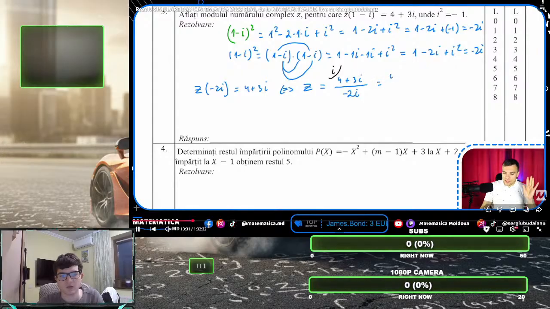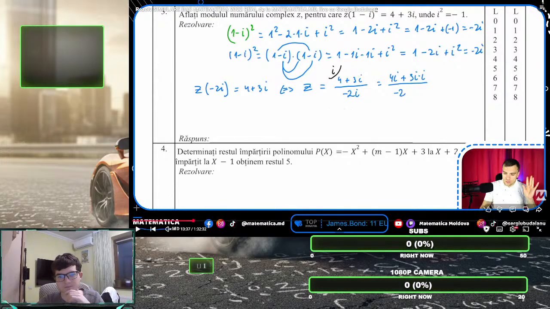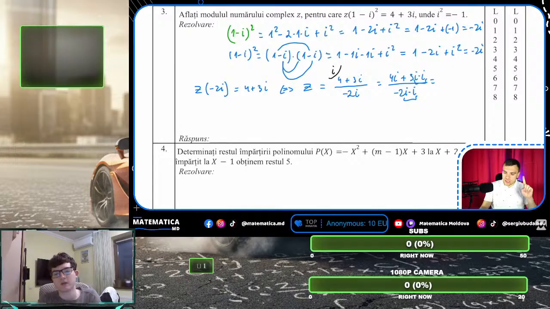Looks like here I can do division by i. Why do that? In order to use the property that i to the second power is minus 1. That is essentially why we do that.